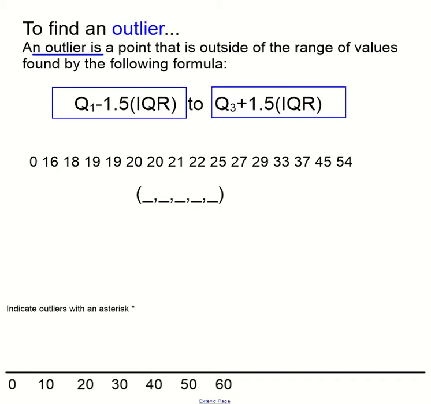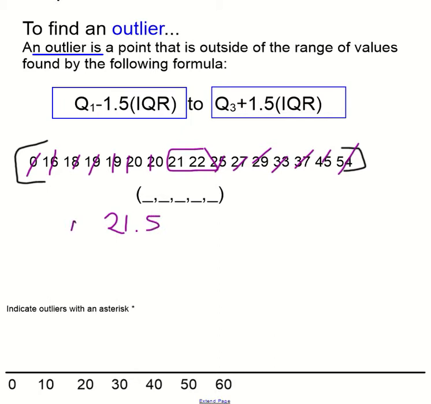So here are all of our values right here. First we need to find the middle of these to find our median. We can do this by crossing them out. Alright, we've got two values in the middle. The average of those would be 21.5. So our first number is 21.5.